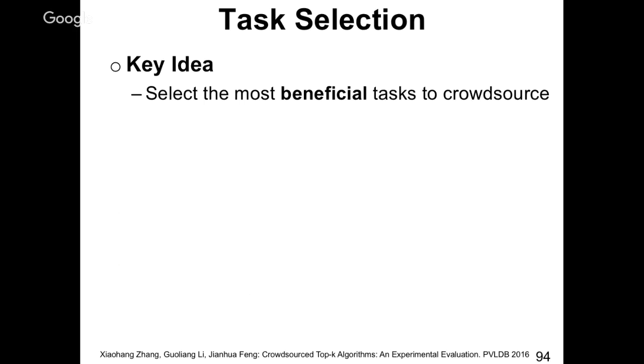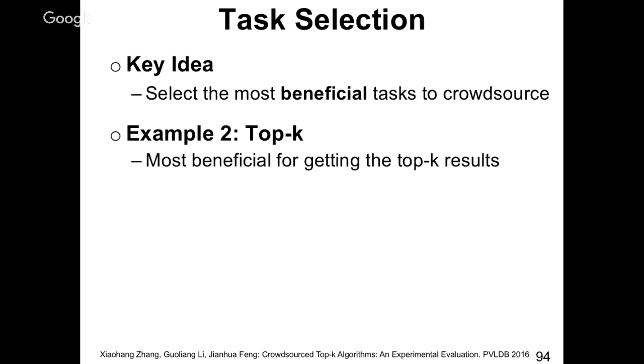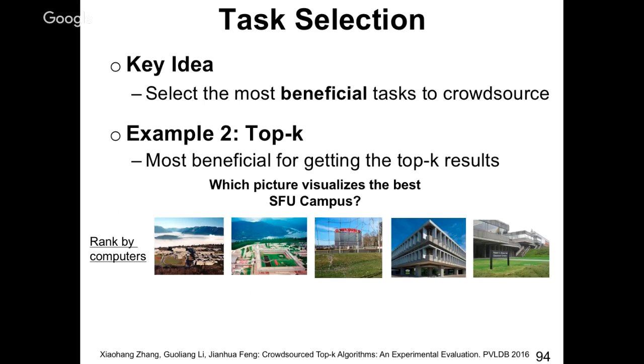If your goal is not to train a machine learning model, if your goal is to get the top K results, say you have 5 images, and you want to know which image looks most beautiful. So that's a different goal from training a machine learning model. Then you have to have a different way to define the benefit of each task.